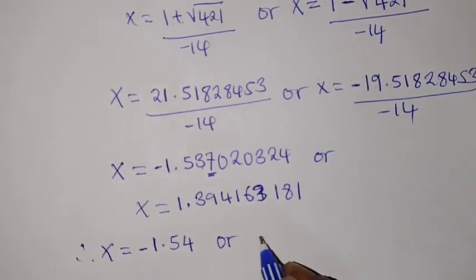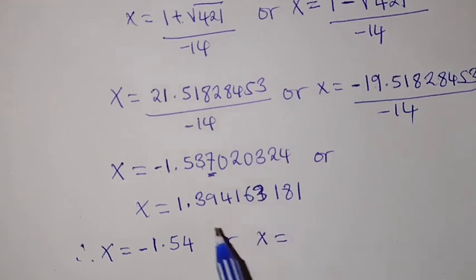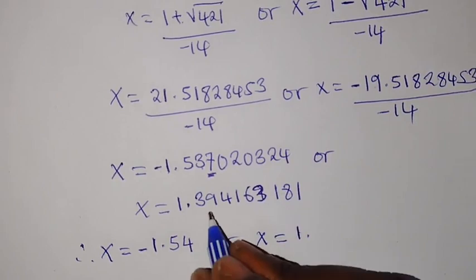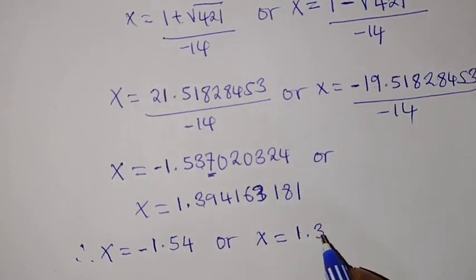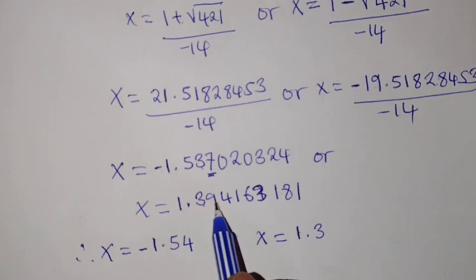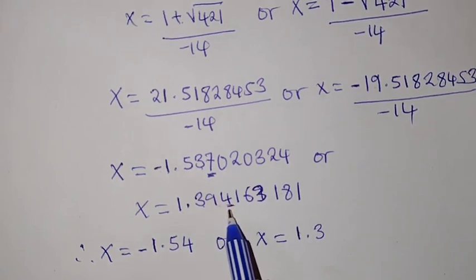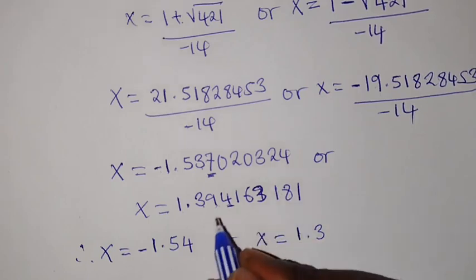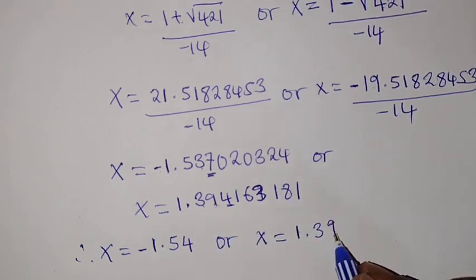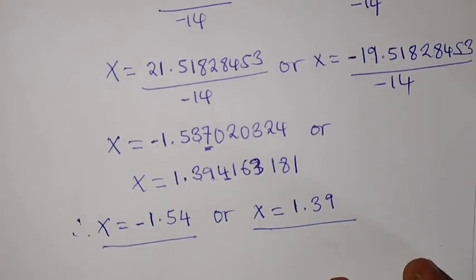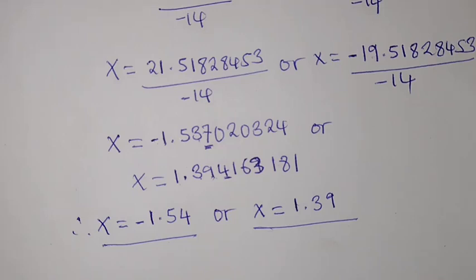Okay, or x equal to, so here we have 1.3. The second decimal place is a 9. So this 9 will be rounded off by a 4. So a number is less than 5, so it can't round up, it will round down. So we'll just maintain the 9. So these are the values of x. X is equal to -1.54, or x is equal to 1.39.